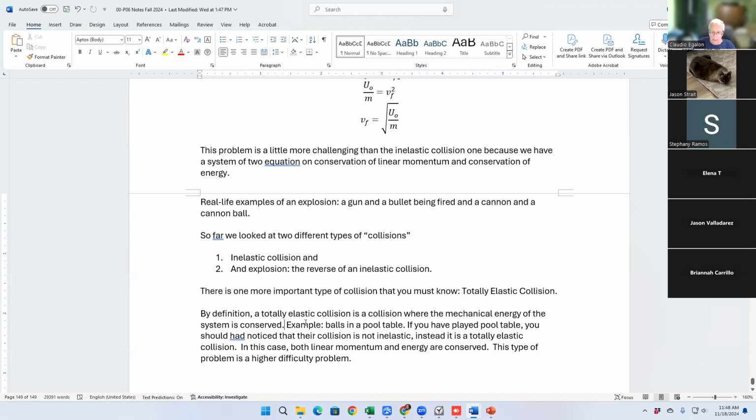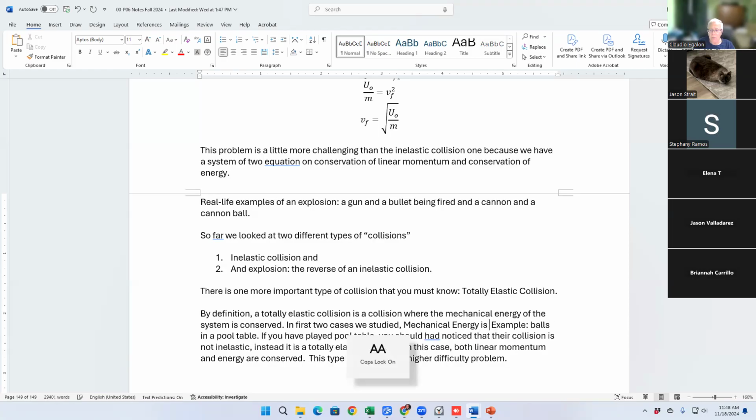In the first 2 cases we studied, mechanical energy is not conserved.